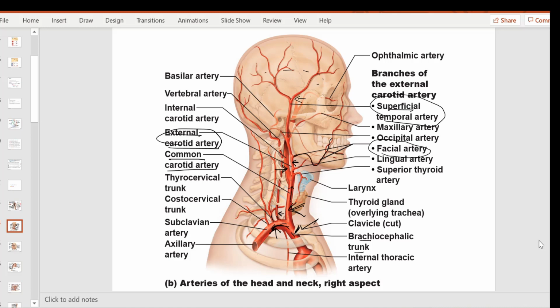Okay. Then this one, the middle one, is the thyrocervical trunk. You see, it divides. One branch is going to the thyroid gland here, and another is to the cervical or neck area. That's why it is called thyrocervical. It gives branches that go to the thyroid gland and the cervical part or neck part.